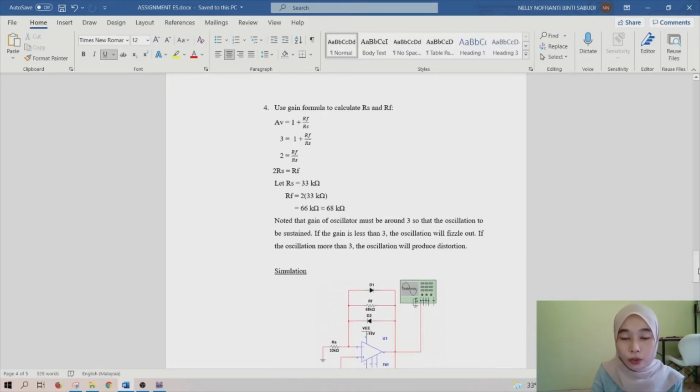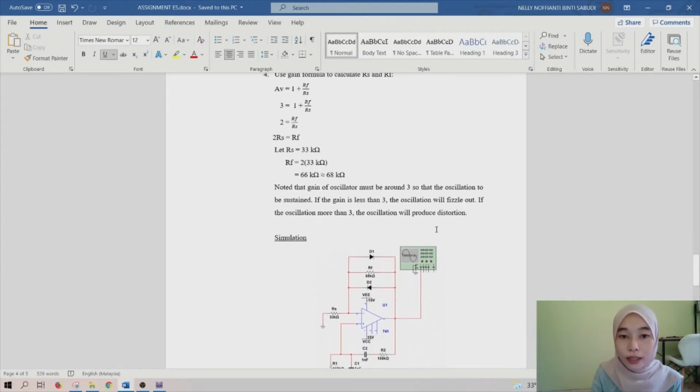I am assuming that I use 33 kilo ohms for RS. So that means I multiply 2 by 33 for RF, which gives 66 kilo ohms, or approximately 68 kilo ohm.